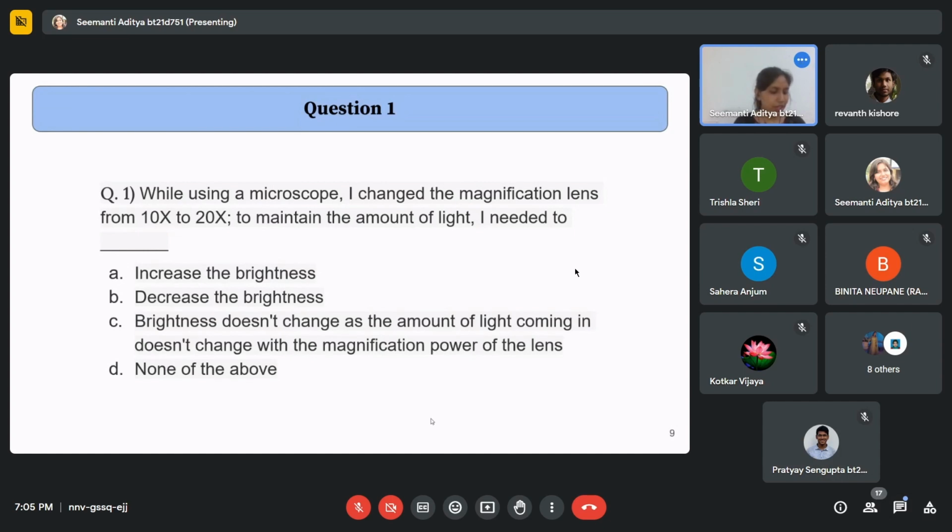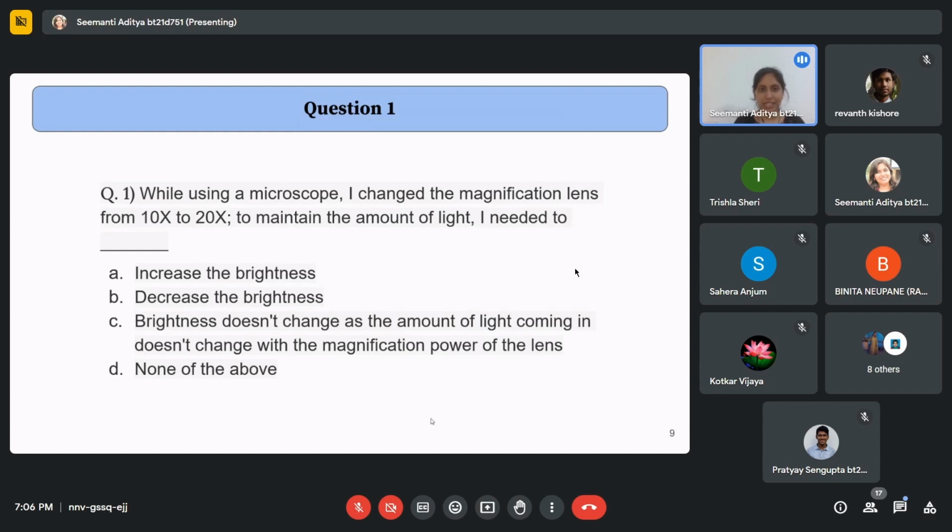So, okay, Ragul, you have given option B as the correct answer. Actually, no. Why maintain? If you are changing just the magnification lens, it is not directly affecting the brightness.